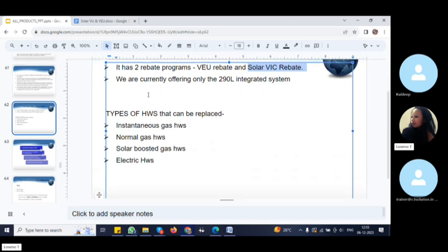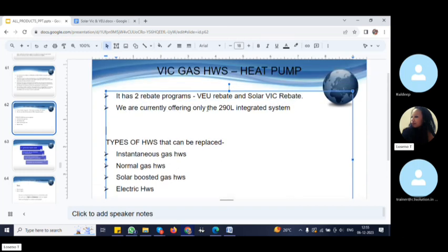But yes, we will get there. Now, like I've said before, we are currently offering a 290 liter integrated system, not the split system, only the integrated system. Usually this is the standard size that we are providing to the customer, which is 290 liters. But again, this is just for your information. You don't need to explain all this to the customer, but just for your understanding, this is the system that we are offering to the customer as a replacement.